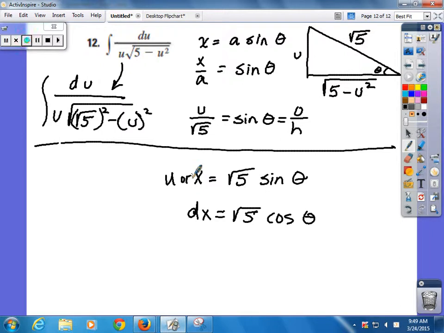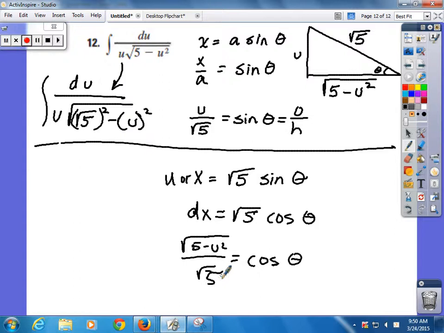Cosine of theta is equal to the adjacent, which would be square root of 5 minus u squared, over square root of 5.